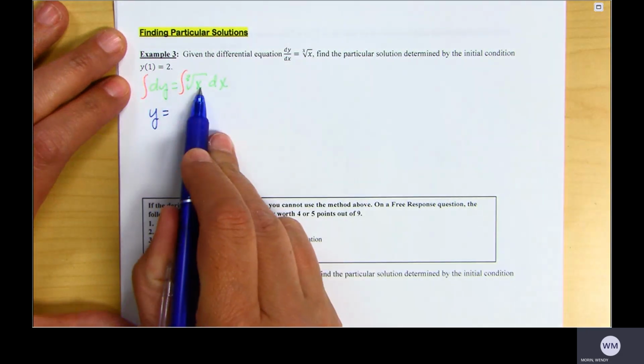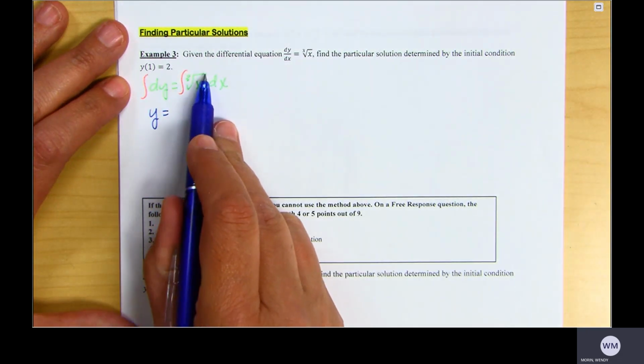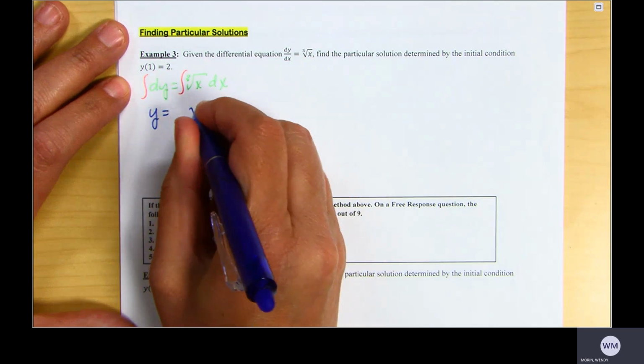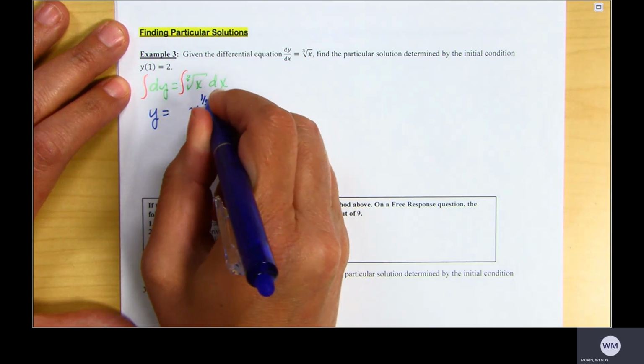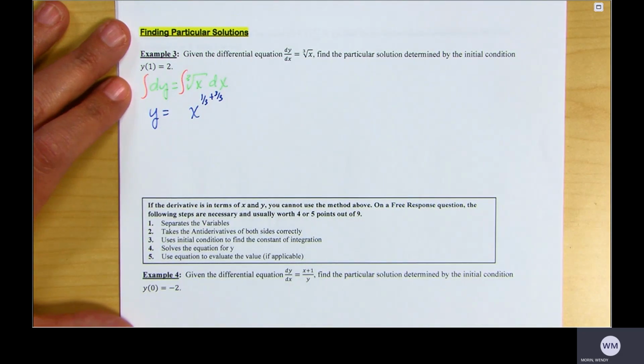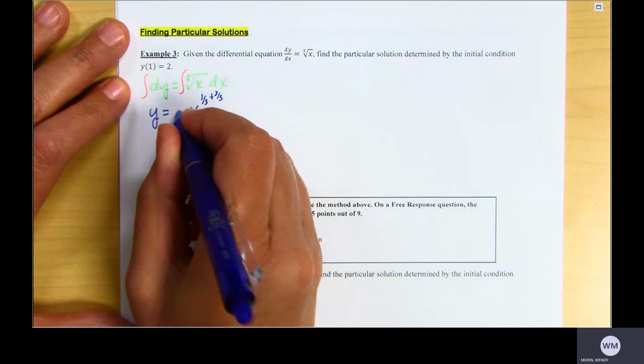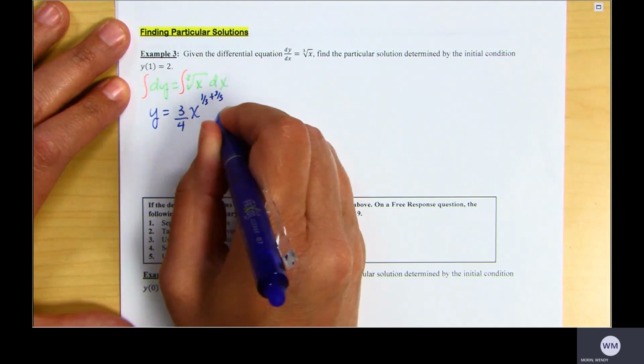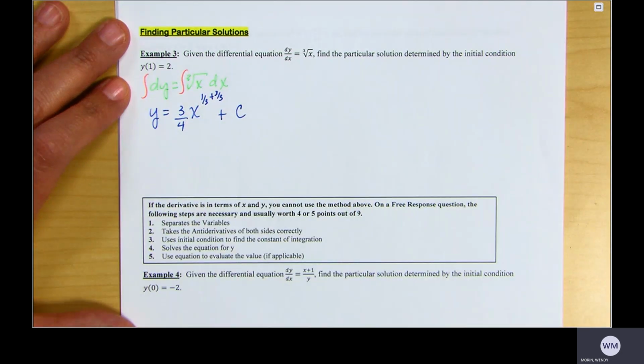And on this side, you're integrating x to the 1/3. So integrating x to the 1/3, you're going to add 1 to the exponent, which gives you 4/3, and then divide by 4/3, which is the same as multiplying by 3/4. And don't forget your plus c.